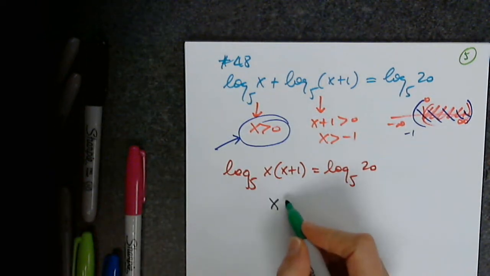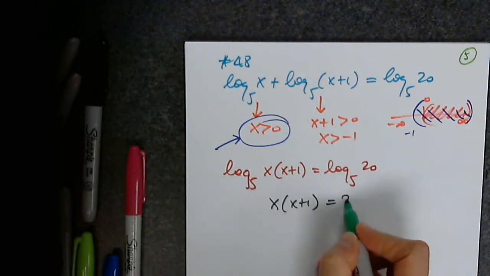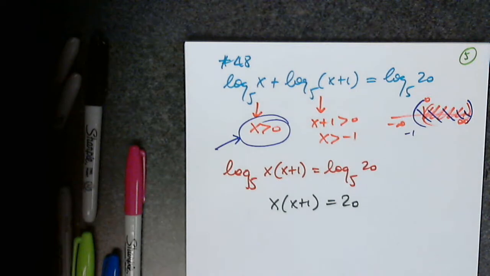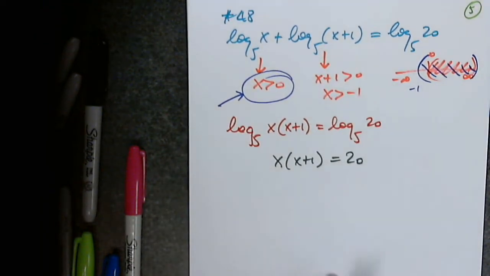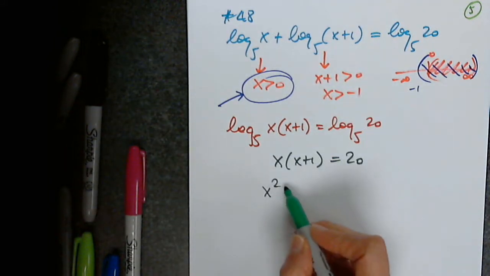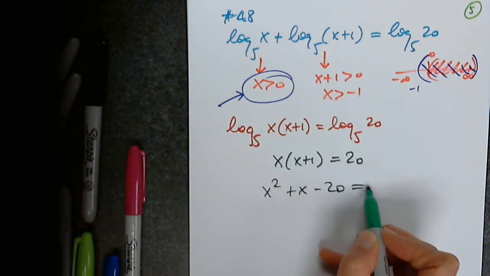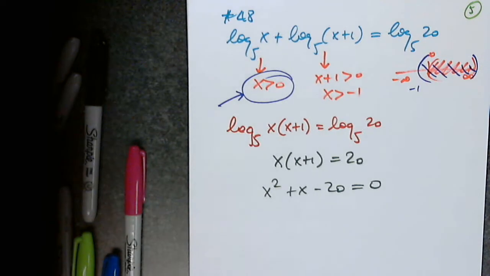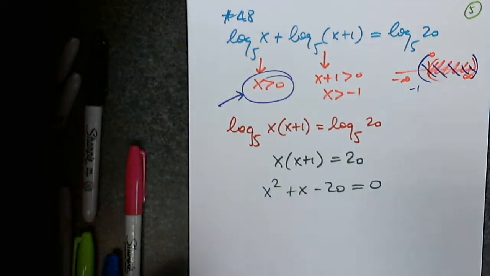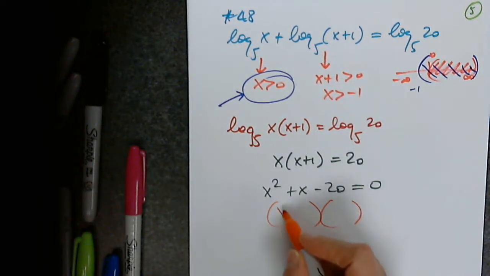So x times x plus 1 must equal 20, otherwise log base 5 of those 2 will not be the same. How do I solve this? What type of equation is it? Very good. So x squared plus x minus 20 equals 0. x plus 5, x minus 4.